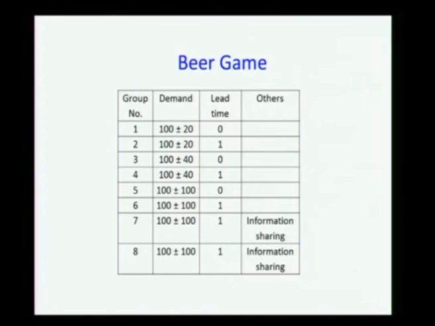There is a variation in lead time, and then structurally there is a variation where some groups play without information sharing, which means the customer demand is not known to other stages in the supply chain, but is known only to the retailer, and only the retailer demand is known to the warehouse, and the warehouse demand is known to the manufacturer.